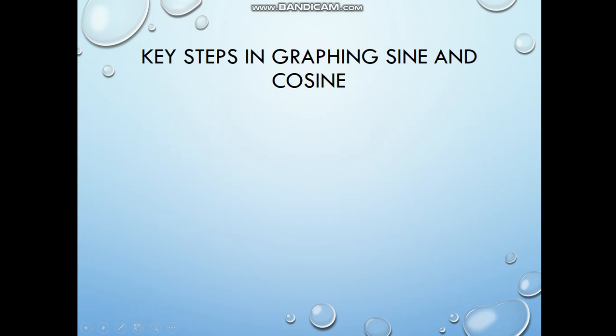Now there are key steps in graphing sine and cosine functions. The first one is to find the new period, 2 pi over b.